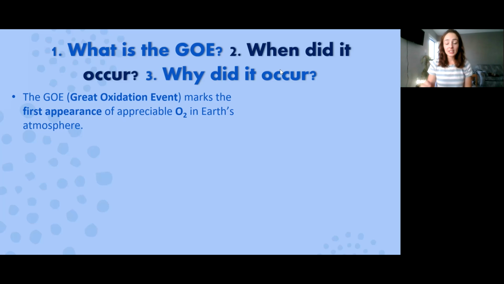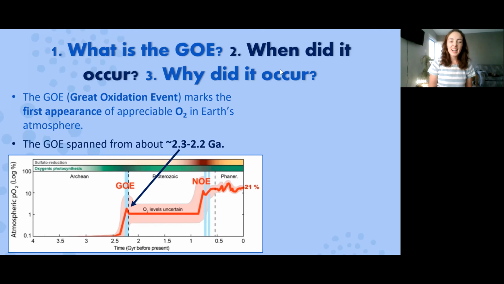Second, when did it occur? The GOE occurred anywhere between 2.4 to 2.2 or 2.1 billion years ago. I hear a lot of different ranges, but mainly around 2.3 to 2.2 billion years ago is kind of the median. That's because we have a lot of different lines of evidence that point to around this time in Earth's history that oxygen was clearly doing something to mess a lot of systems up and change them radically.